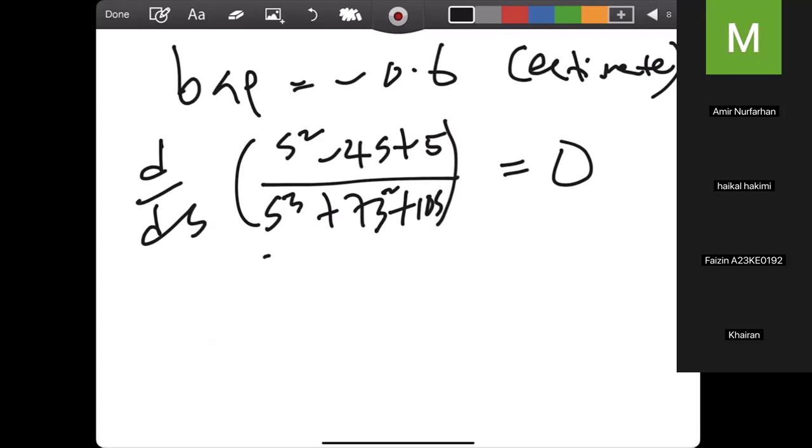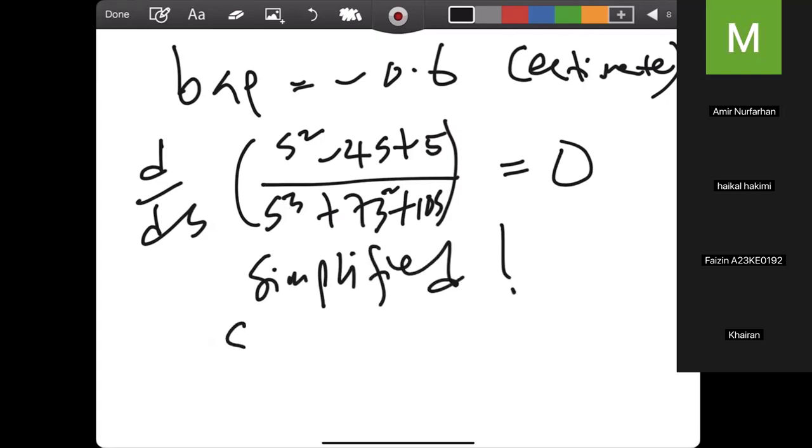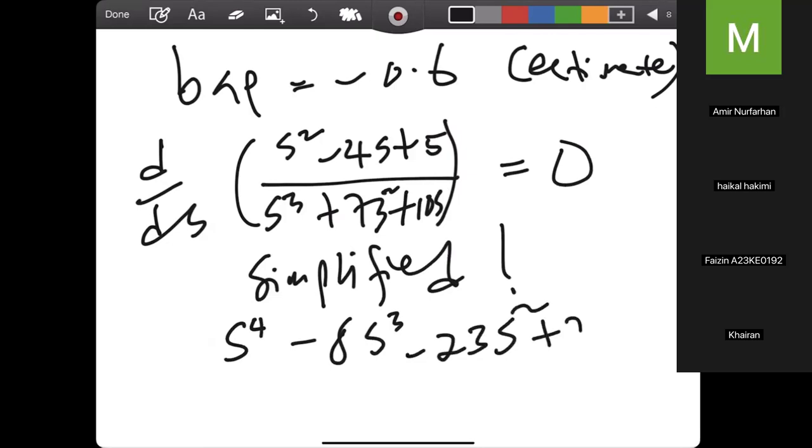Simplify, and you will get s to the 4. Okay, find the roots.